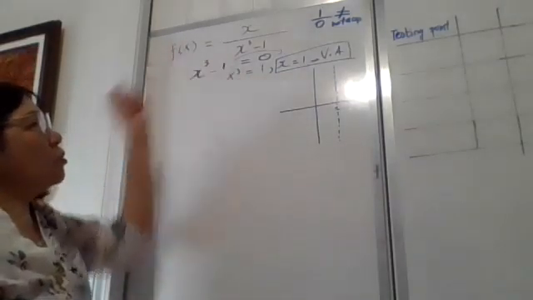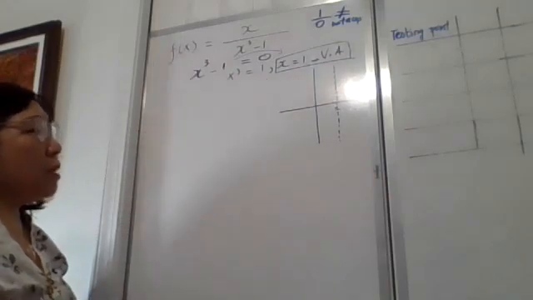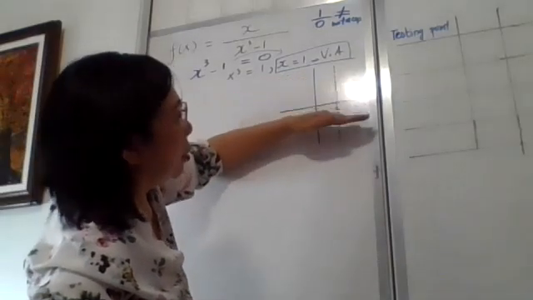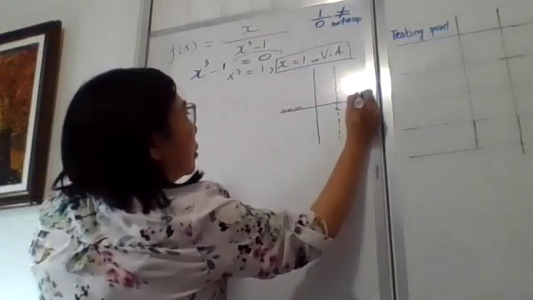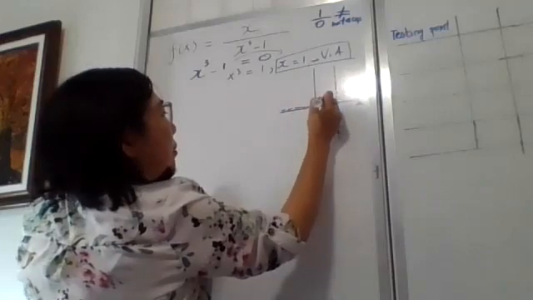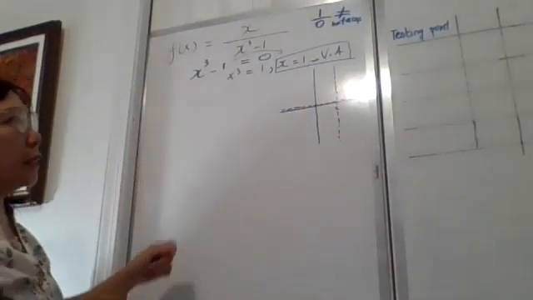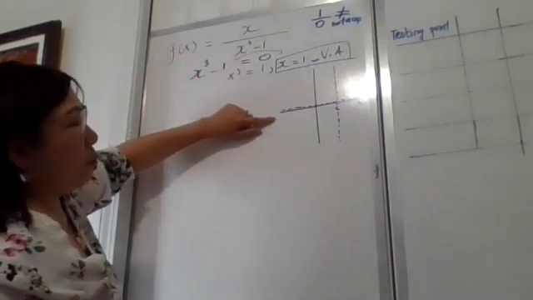But we also have to look for the horizontal asymptote. Maybe we also have a horizontal asymptote right here, or down here, or right above the x-axis, or right on the x-axis. So we want to check that as well. Now we check for the horizontal asymptote.